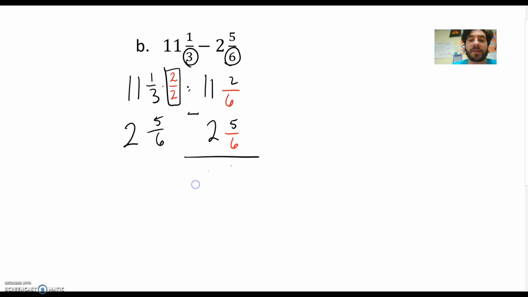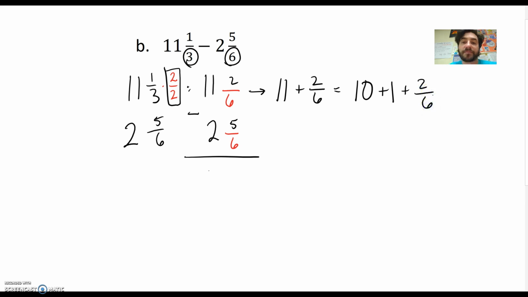So what I'm going to do is borrow 1 whole. I'm going to do it over here. 11 and 2/6 is equal to 10 plus 1 plus 2/6.